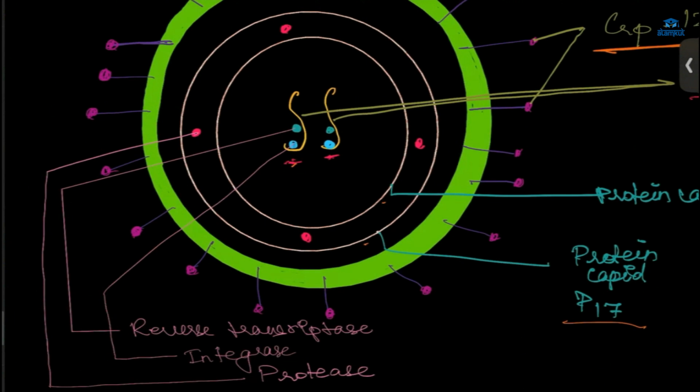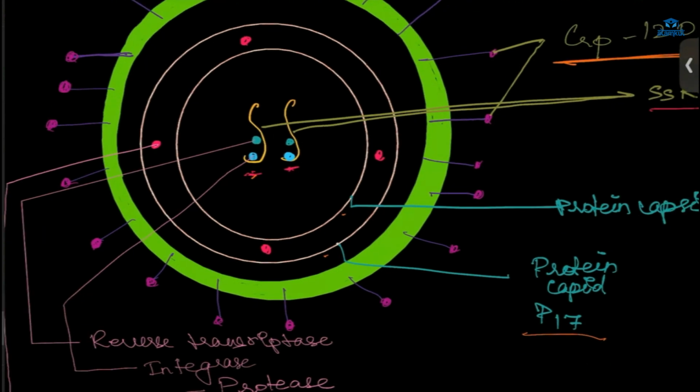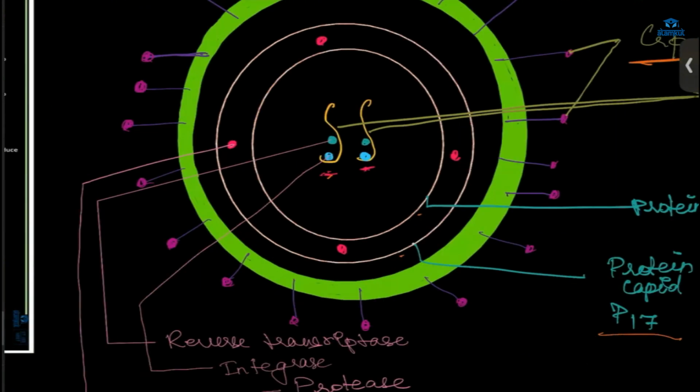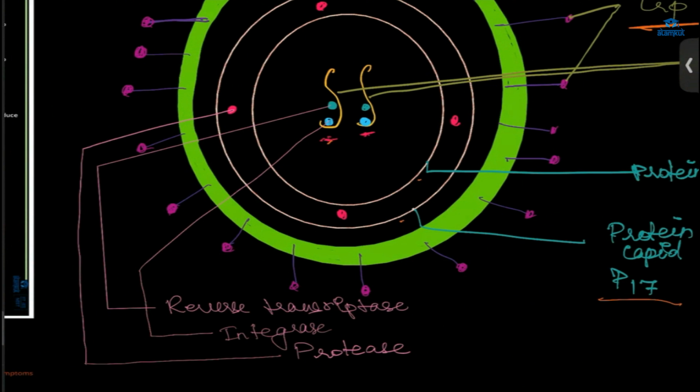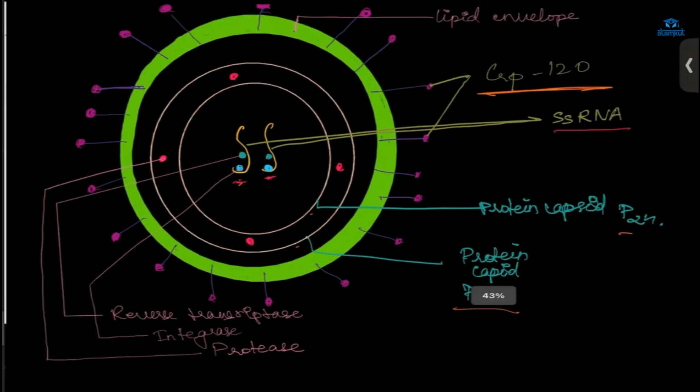And one more enzyme we have, that is protease. So three types of enzyme: reverse transcriptase, integrase, and protease. And this pink color is our protease.